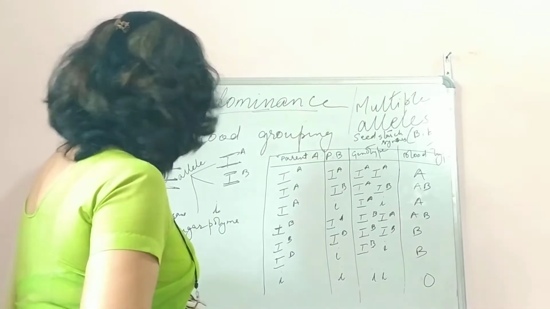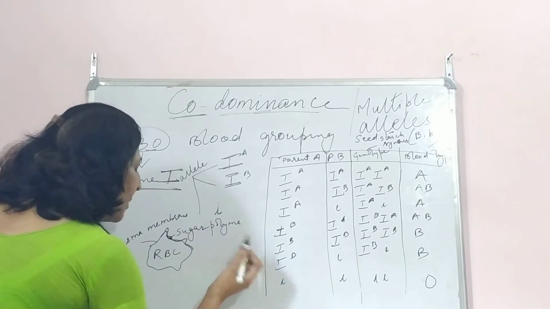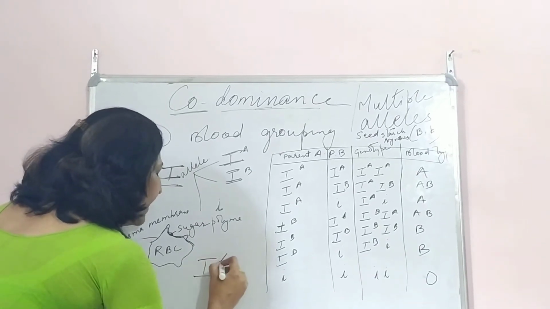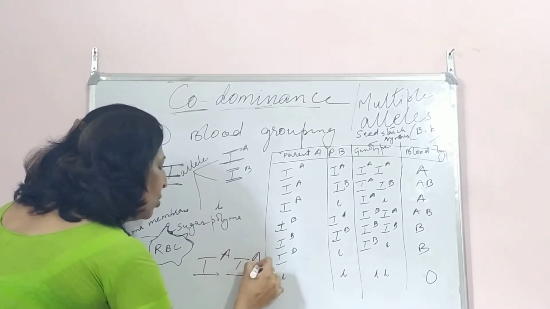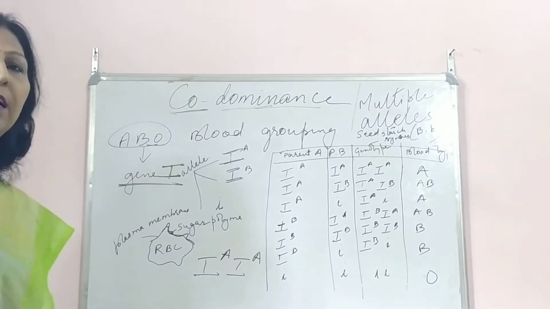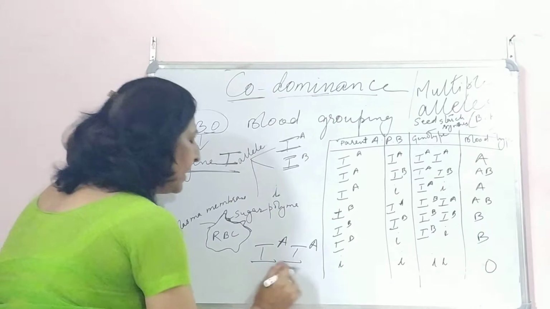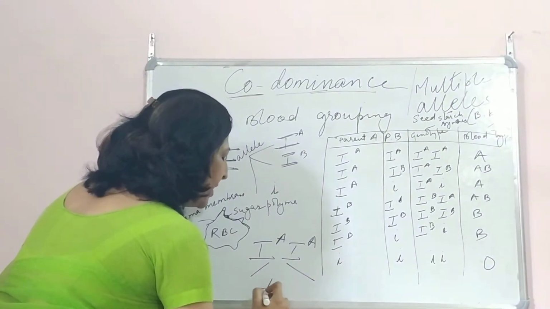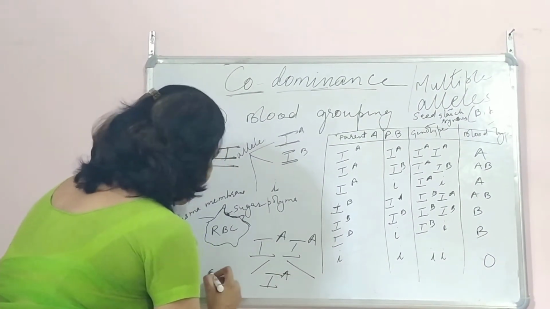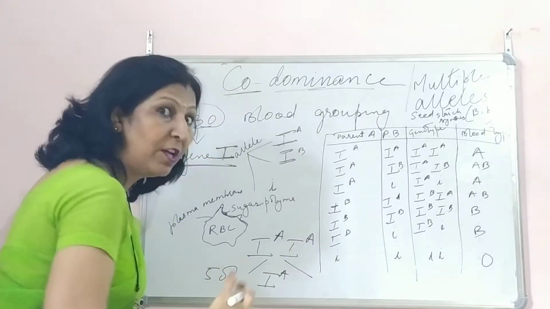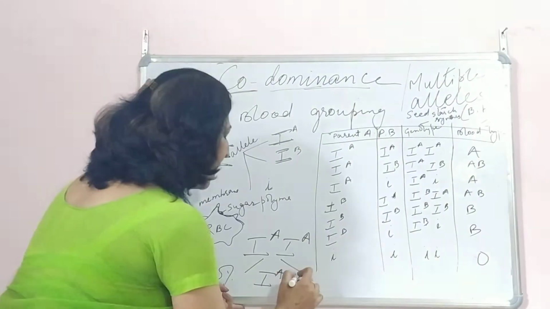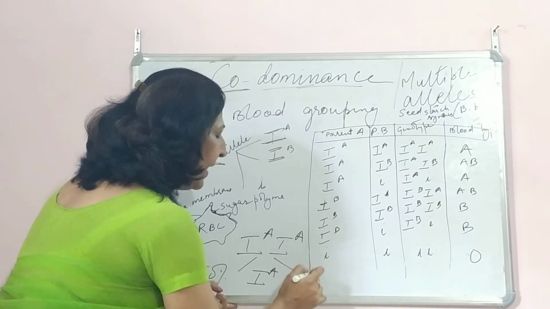Normally, if you remember, when we did the law of segregation, suppose the father has got IA and IA. These are the two chromosomes which are responsible for blood group in the father. When the segregation takes place, definitely it will be IA in 50% of the sperms produced, and the other 50% will have the other IA.